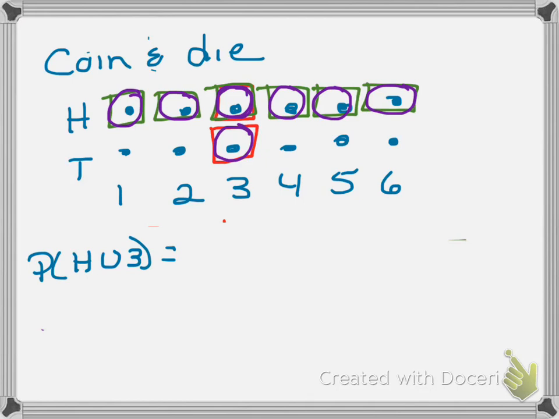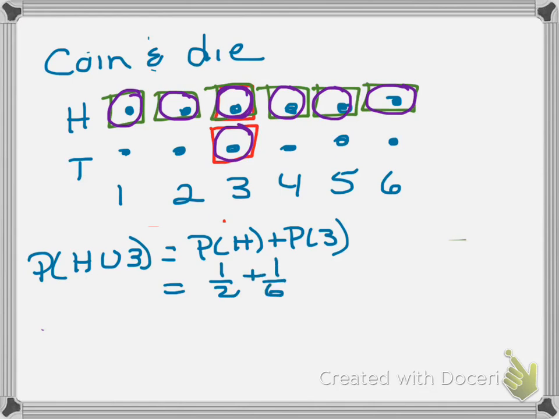Remember, whenever I say or, we will add. So the probability of heads plus the probability of 3, which is 1/2 plus 1/6. Put everything into 6. So what do I get? 3/6 plus 1/6, which gives me 4 divided by 6, which is 2/3.